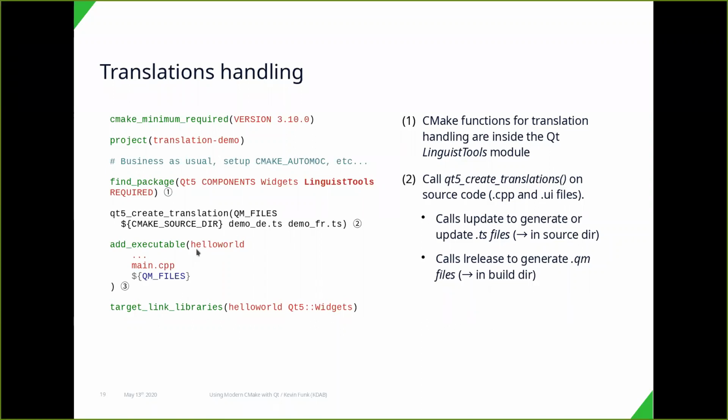Right. And in order to make sure this is also built as part of the normal build, you'll need to attach the variable QM_FILES we just created over there to the target of interest. That's basically about it.